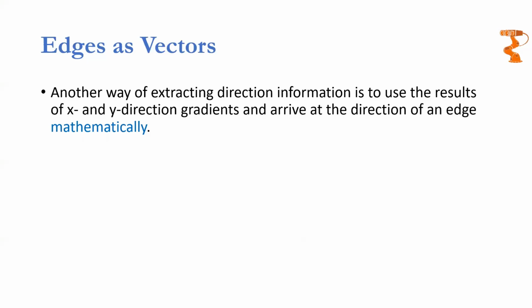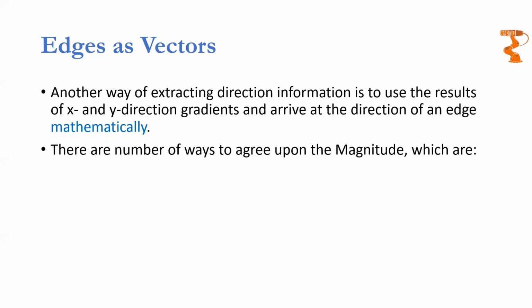To tackle this kind of problem, we can use two edge detectors only, one for 0 and one for 90 degrees, that is a horizontal and a vertical edge detector, and then mathematically figure out the direction information. We can use any edge operator.